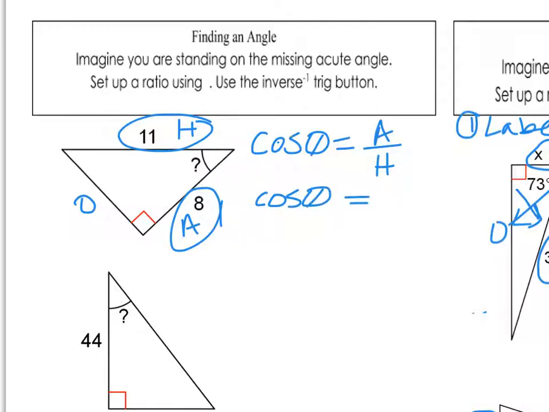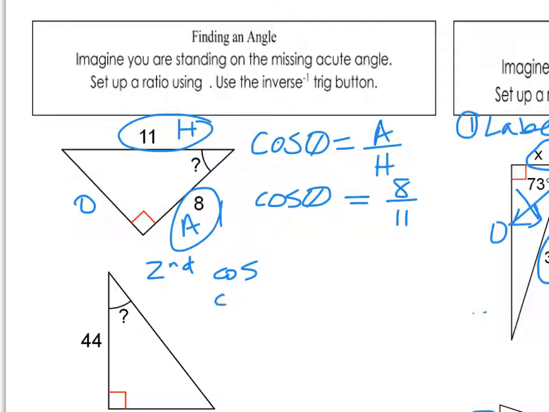Or you could call it X, nobody cares. A is 8, and H is 11. So I can't divide by cosine. Cosine is a function just like adding or subtracting. So to get rid of it, I have to use the inverse, which is going to be second cosine.